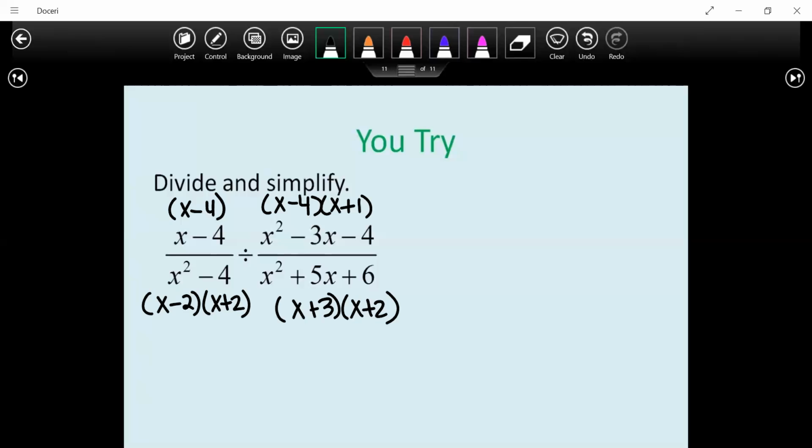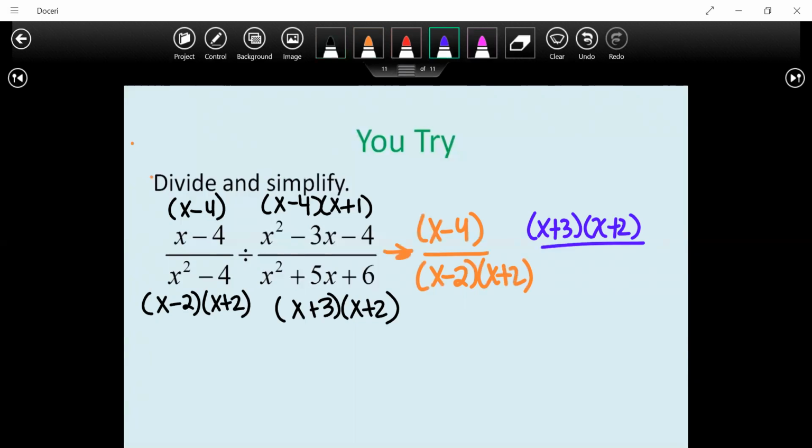I'm going to flip them. So we're going to keep the first equation the same. Oh, that's a horrible parentheses. x plus 3, x plus 2, x minus 4, x plus 1.